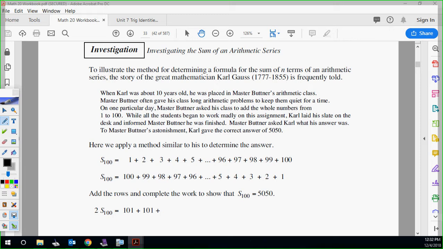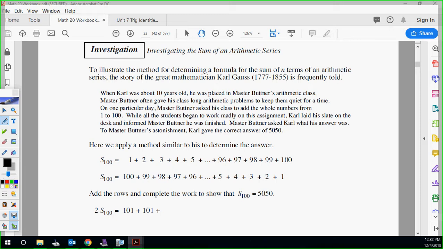So that means 1 plus 2, plus 3, plus 4, and they just have to keep doing that to practice their arithmetic. While all the students began to work madly on the assignment, Carl laid his slate on the desk and informed Master Butner he was finished. Master Butner asked Carl what his answer was, and Carl astonishingly gave the correct answer of 5050.